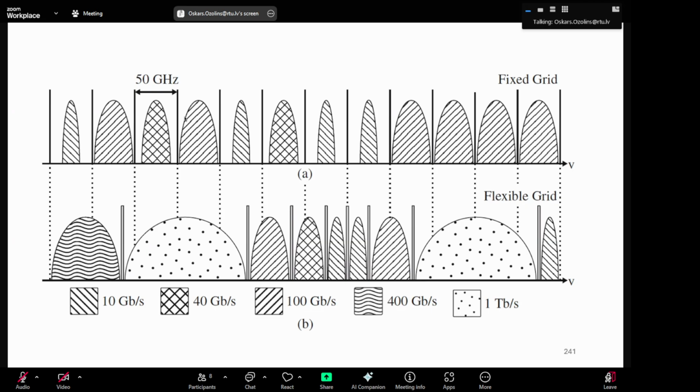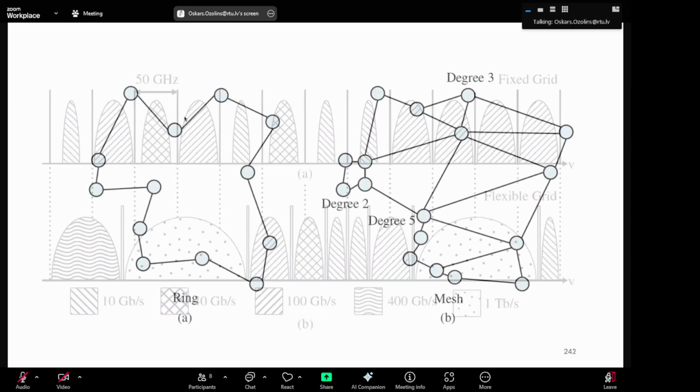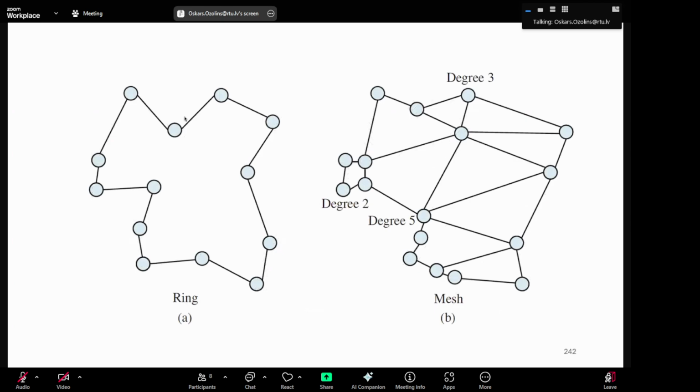With flex grid, you probably get better spectral efficiency, but there's always the link performance, and whether all these different signals have good enough performance for these links. Right. Okay, but then there's also another possibility for this flex grid.